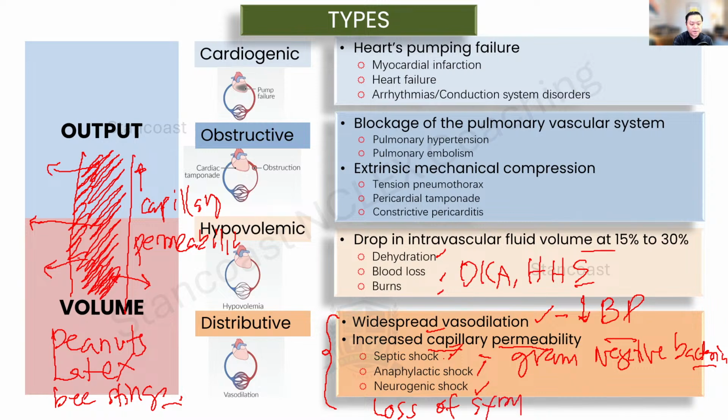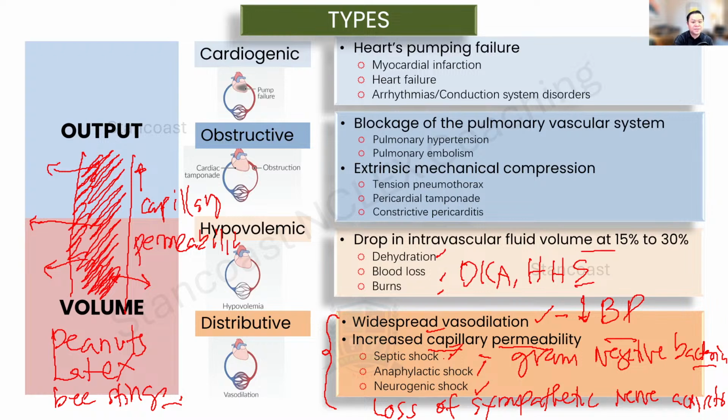So what is going to happen here? This can also cause blood vessel widening, massive vasodilation, and it can happen after a head trauma, or when they have a spinal cord injury, or maybe they had a bad reaction to the anesthesia.